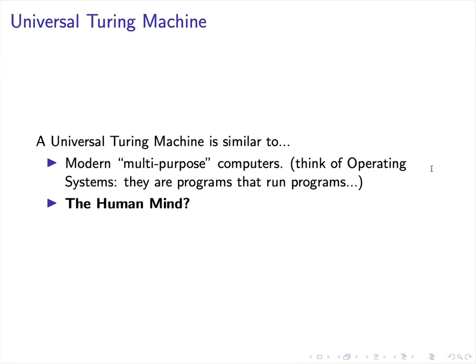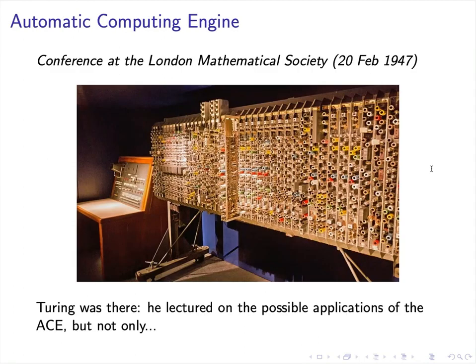And there is a great talk that Alan Turing himself gave at the London Mathematical Society in 1947. The Second World War was over at that point, and he was working on an actual universal Turing machine, which was called the automatic computing engine.